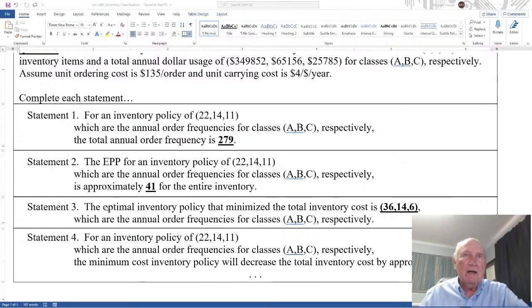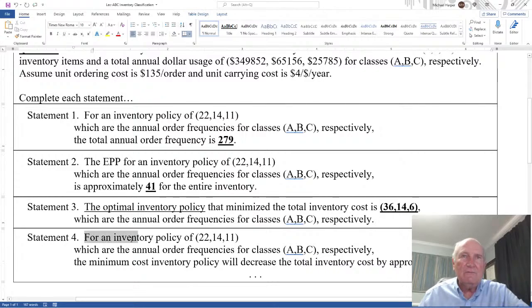Okay. And then the optimal inventory policy, let me underline that, that minimizes the total inventory cost, is given here, 36, 14, and 6, which are the annual order frequencies. Okay, is that optimal? And we'll complete this statement.